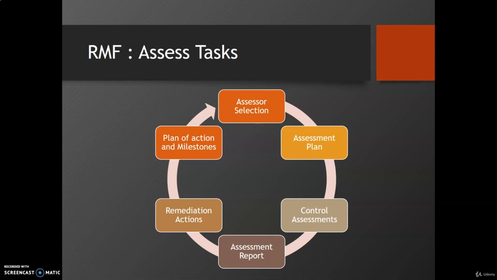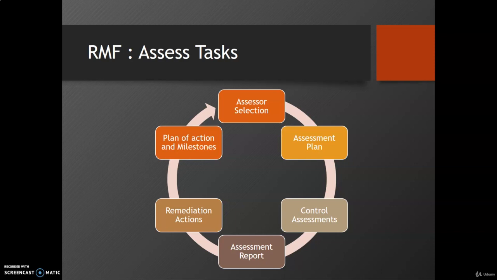Now it comes to the final task, that is the plan of action and milestones. Prepare the plan of action and milestones based on the findings and recommendations of the assessment report. The plan of action and milestones is included as a part of the authorization package. The plan of action and milestones describes the actions that are planned to correct the deficiencies in controls identified during the assessment of the controls and during continuous monitoring.